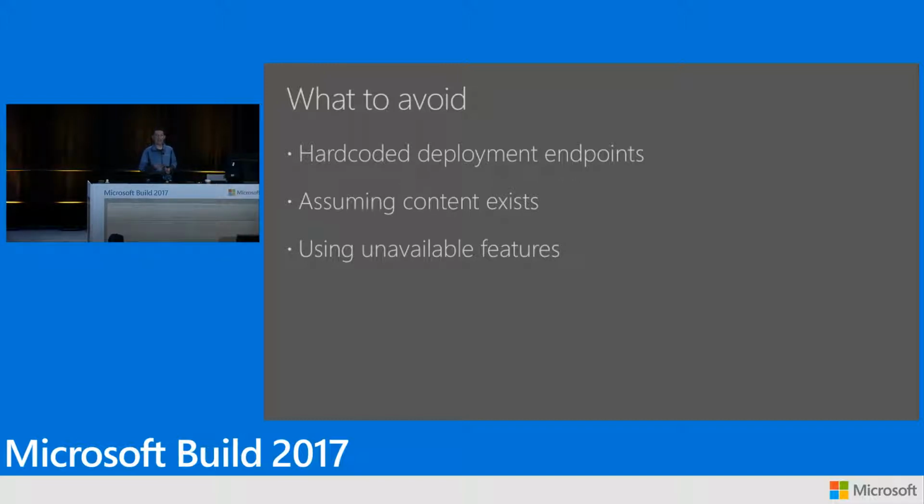Also, never assume that content exists. And what is content? VM images, right? Marketplace items. All those things, they may or may not exist in a given region, and they may or may not exist in Azure Stack. And then the beauty of that is that there are ways for you to programmatically collect that information, right?